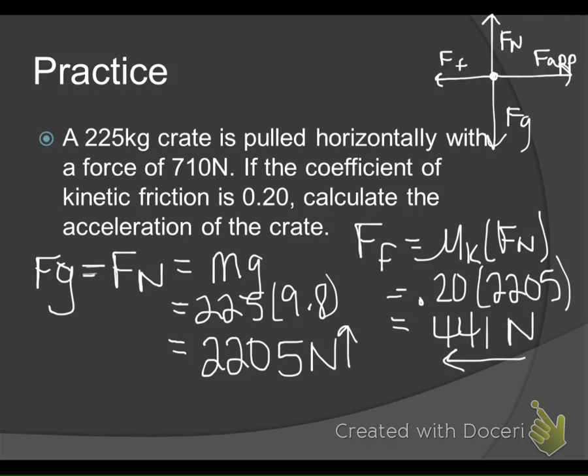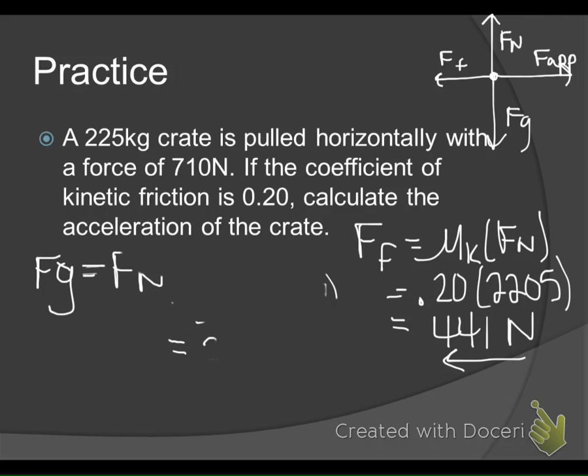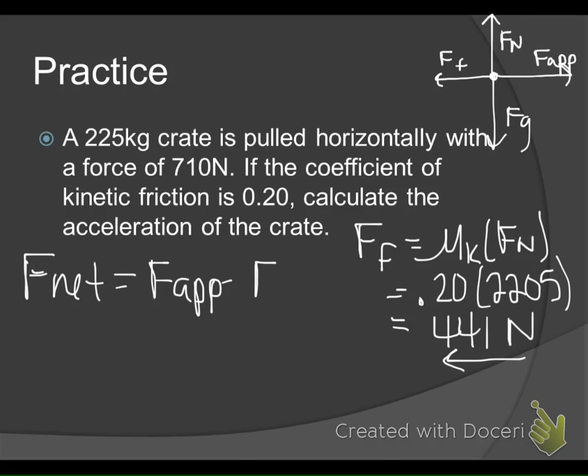All right. I'm going to get rid of this part here. We have our frictional force now. If we want to find acceleration, what's our next step? Good. Our F net equals applied minus what? Friction. Good. So F net equals applied, which is 710, minus our friction, which is 441.